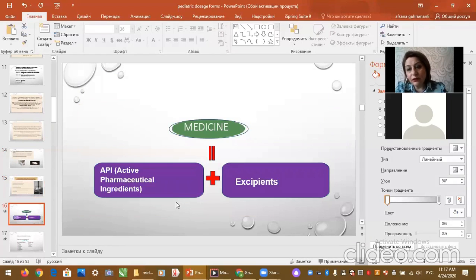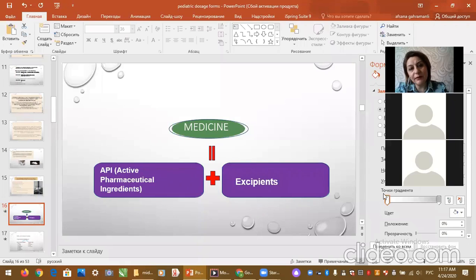If you remember, medicine includes two substances, active pharmaceutical ingredients and excipients. Who can say what excipients means, my dears? Mustafa? Yes, teacher. What means excipients?